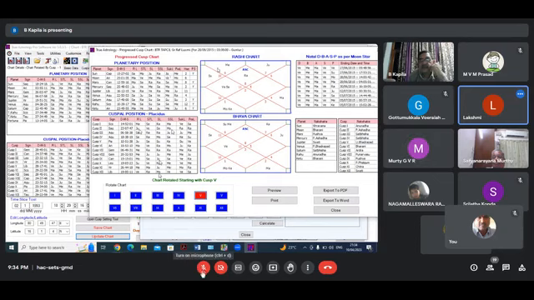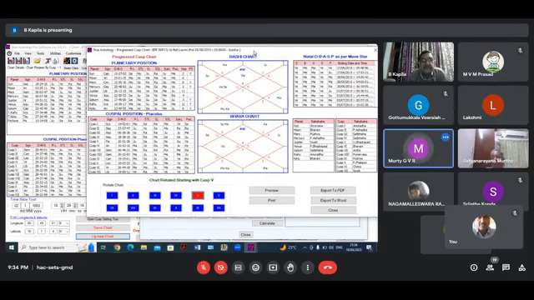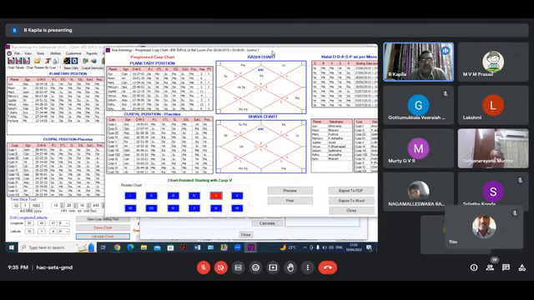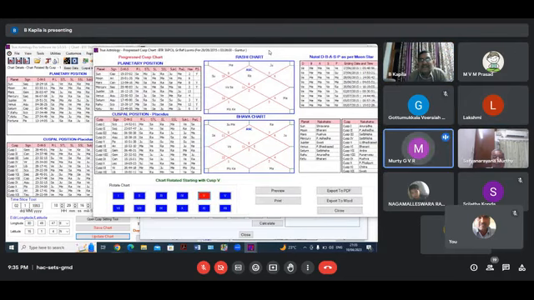Whatever you check through only the progressive chart, those results you get through only the progressive chart. You need not touch the natal chart or transit chart. Natal chart तो we have already discussed. Transit chart we have already discussed.